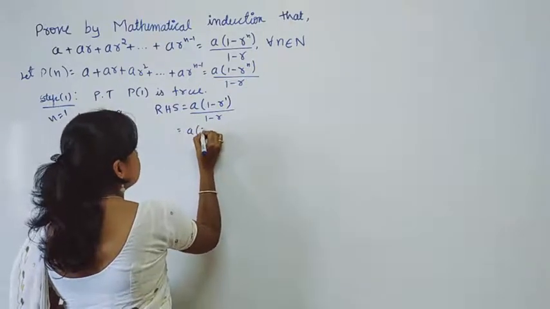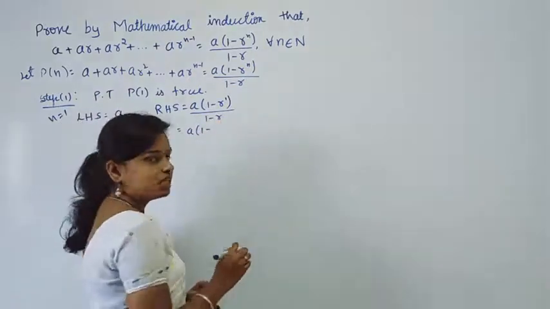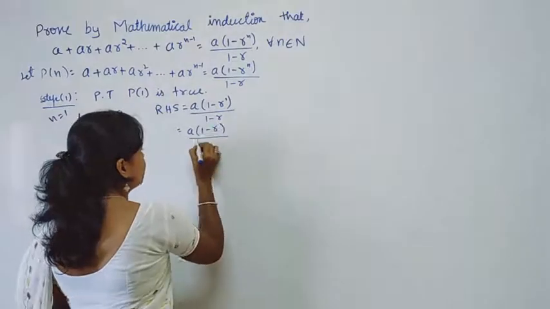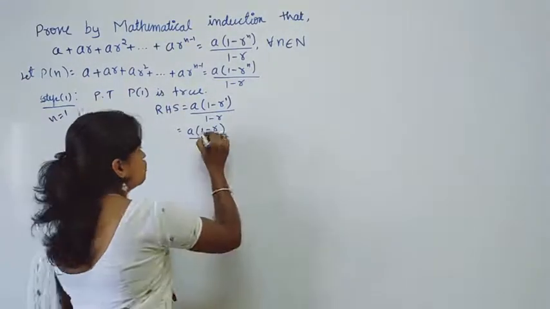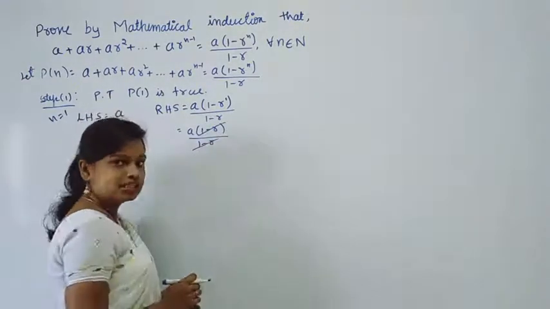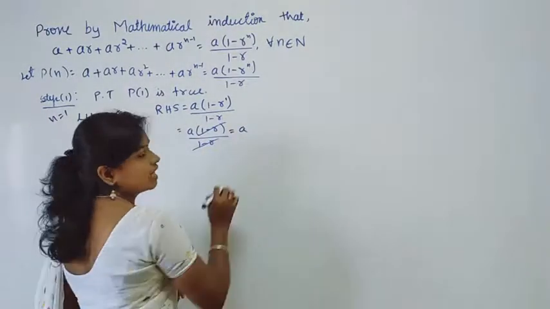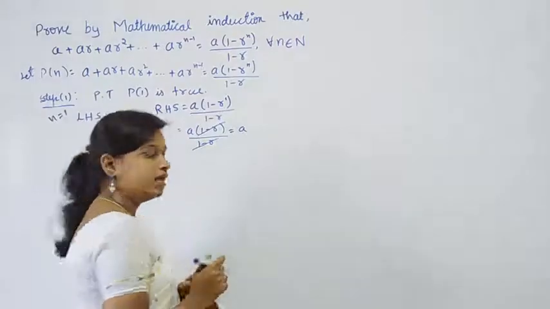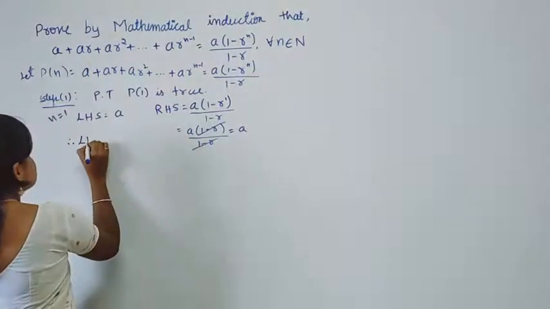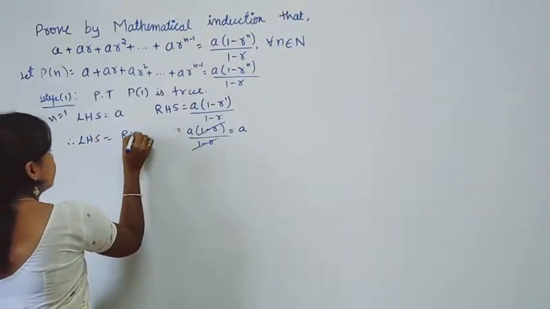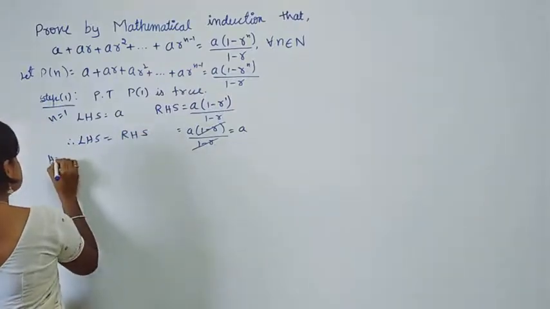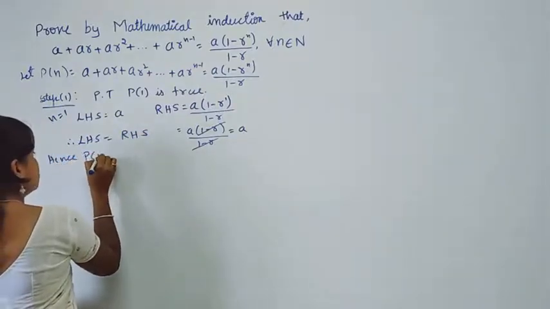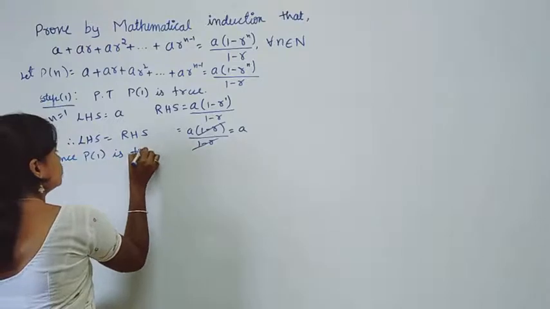So a into 1 minus r to the power 1 is nothing but r, divided by 1 minus r. So 1 minus r and 1 minus r get cancelled. So the remaining is a. So both LHS and RHS are equal to a. Therefore LHS is equal to RHS. Hence P(1) is true.